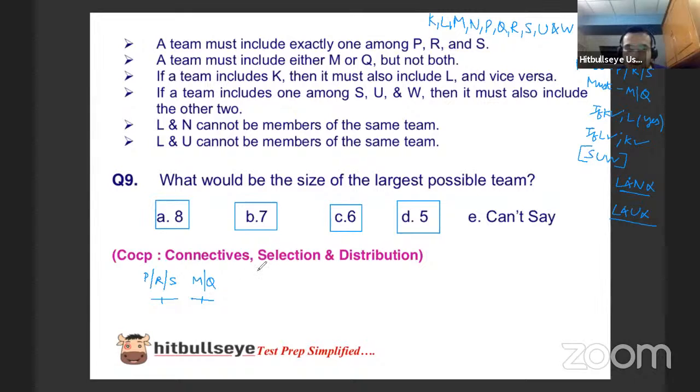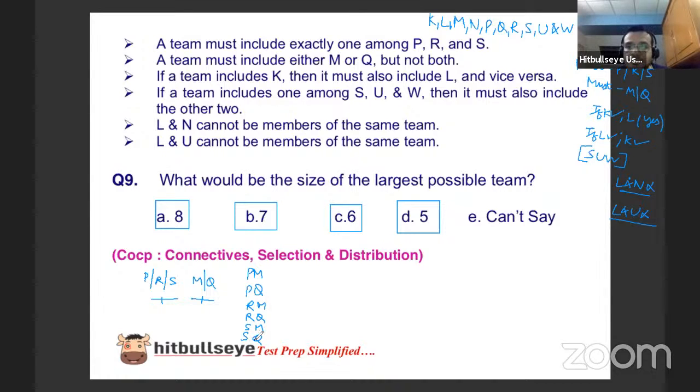So let's try making these combinations. So we have PM, PQ, RM, RQ, SM, SQ, right?